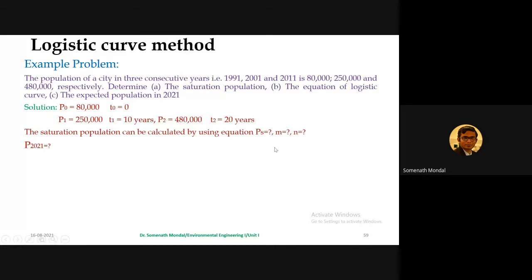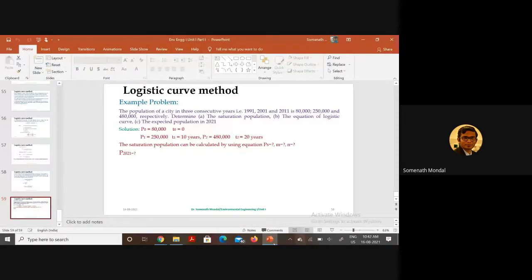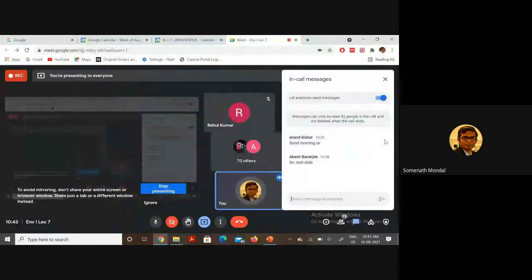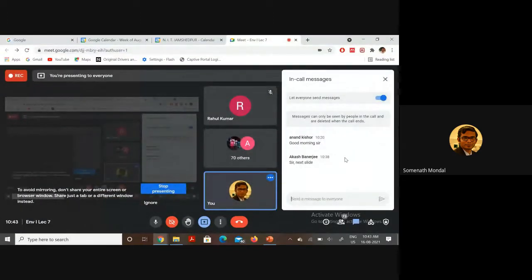Hope all of you have written the problem. So I'll go back to the screen and I'll try to see your answers over here. First what you should do is write which one is P0, which one is T0, P1, P2, T1, T2, all those things.